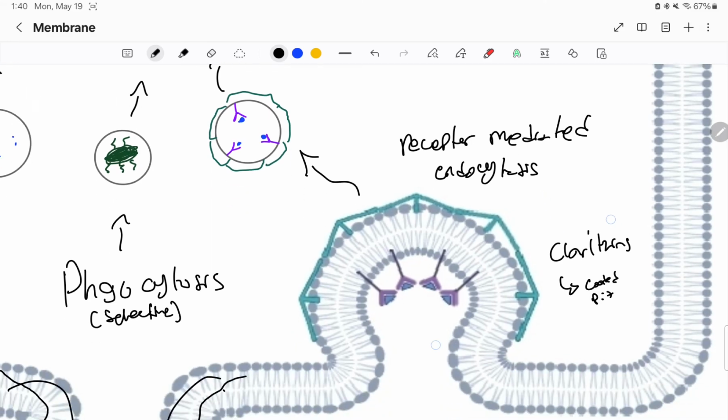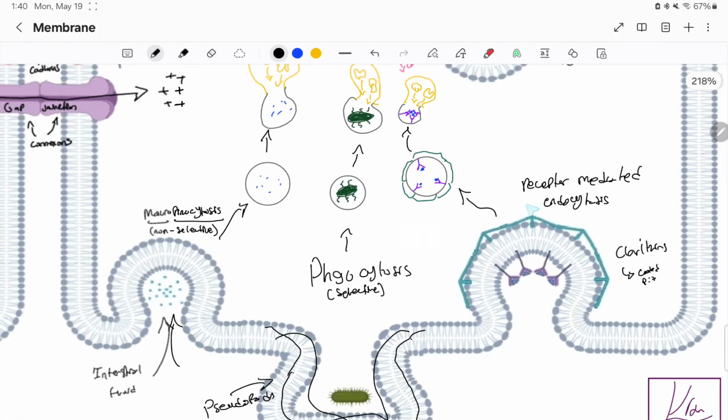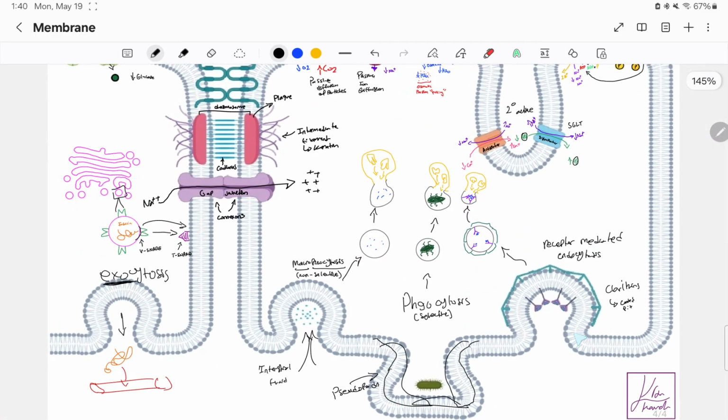Another good example of this is the COVID virus, where you guys know the spike proteins on the actual COVID virus will bind to the ACE2 receptors on the membrane of, for example, the lung, okay? And then it'll trick the cell into using this receptor-mediated endocytosis process to take it in, and then the virus will start replicating inside of the cell that way, okay? So this is just a real-world example of how this works.